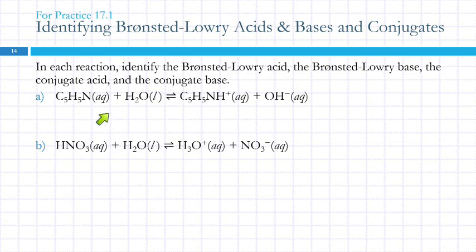So we look at this one, and this doesn't look like an acid, does it? Doesn't really look like a base. H2O could be either one. So let's skip that one and do the other one first. Does this look like an acid? Yeah, nitric acid, right? So that's the acid.